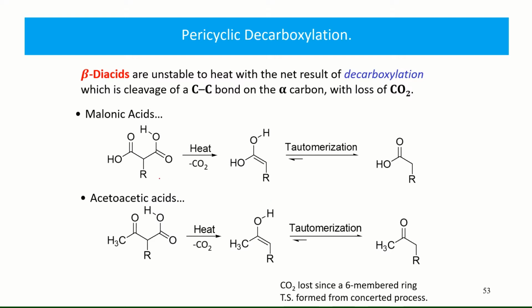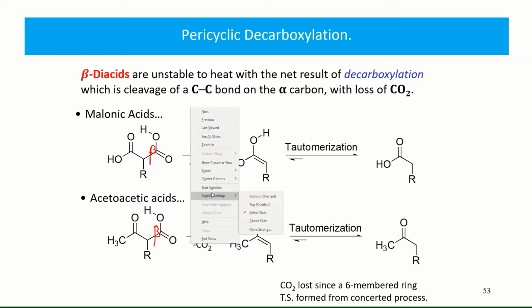Look carefully, because here's the beta carbon in both the malonic species and the acetoacetic acid species. And I'll now show you a mechanism, which is a pericyclic mechanism.